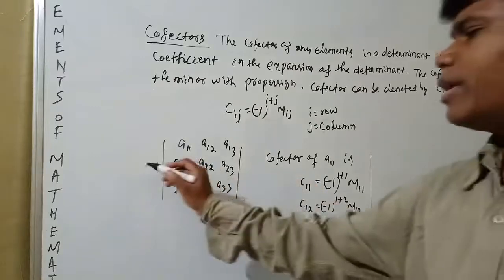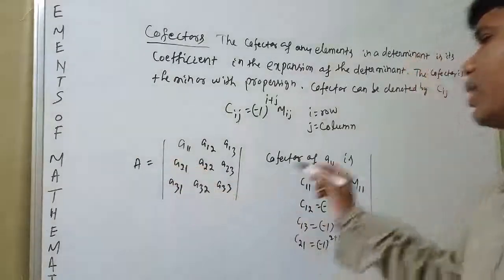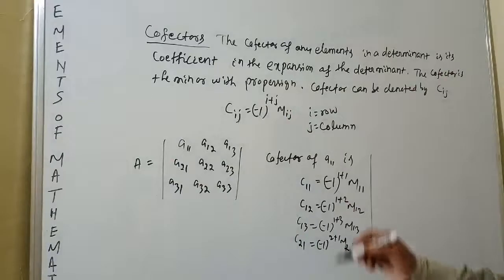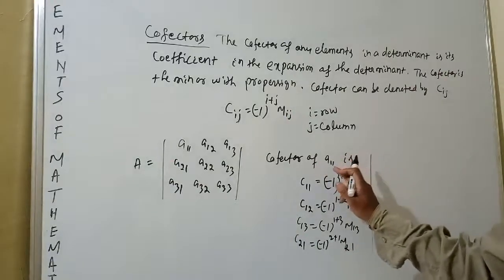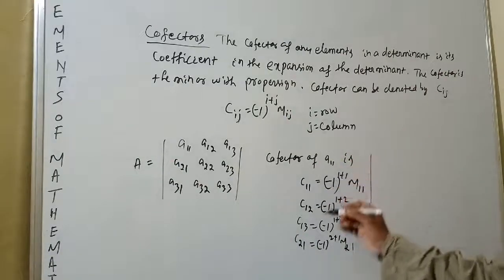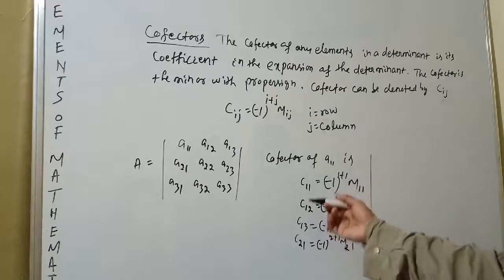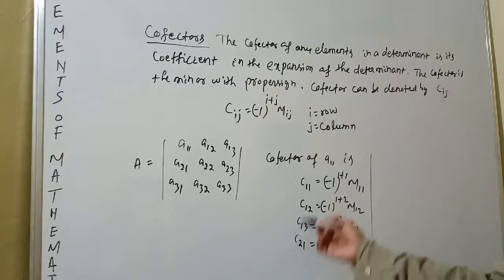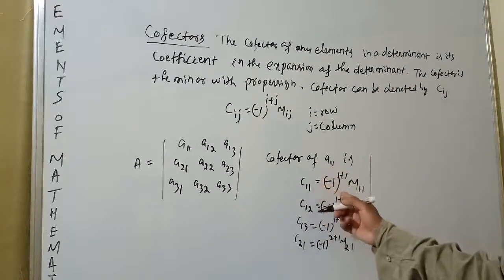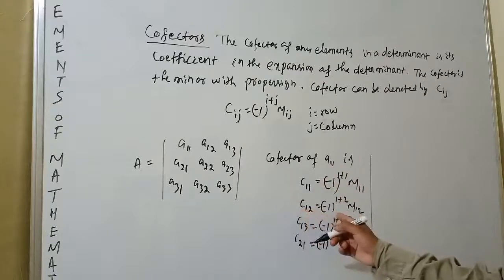Suppose this is the determinant A, we can write the cofactor of A. Similarly C11, C12, C13: for the element a11 we can get this, for the element a12 we can get this.